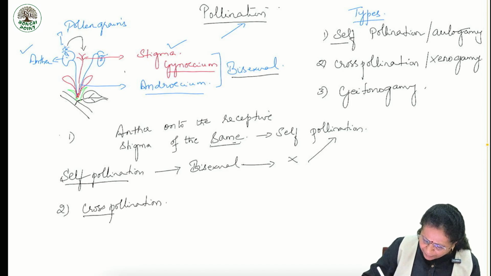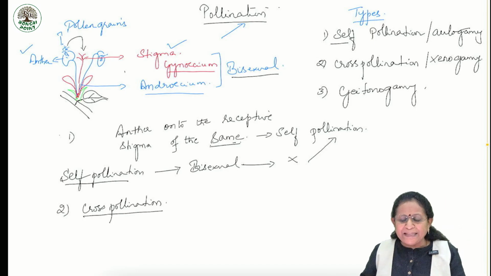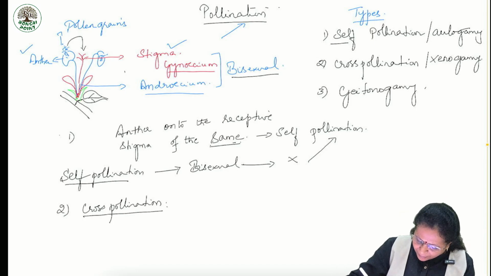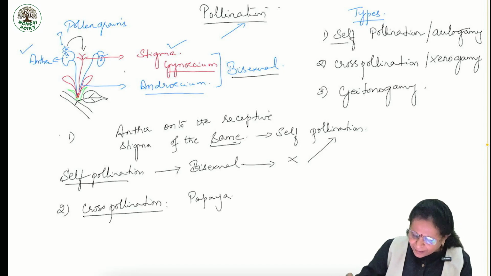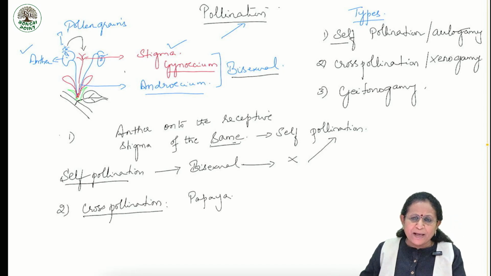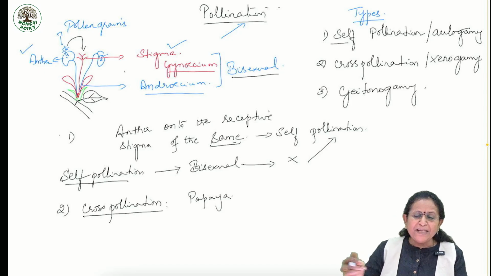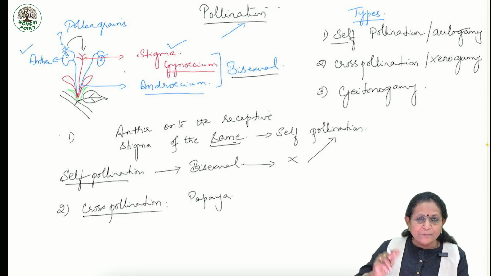Cross-pollination, the very common example is papaya. Now, what happens in case of papaya? The plants are dioecious. Means what? Oecious means house or plant, di means two.